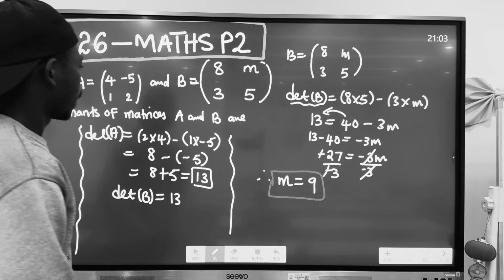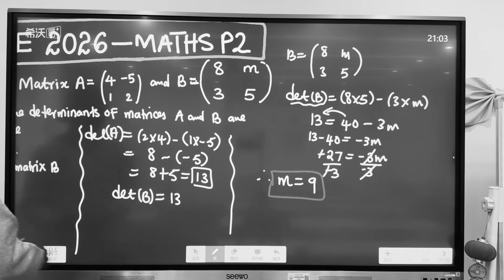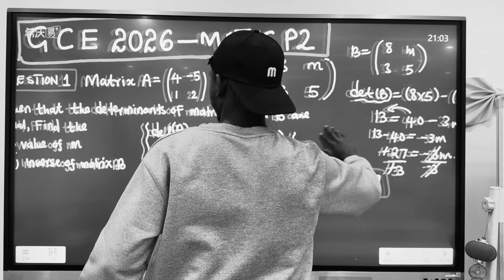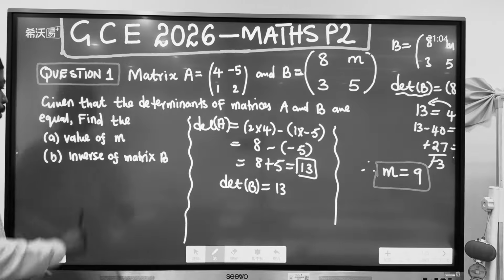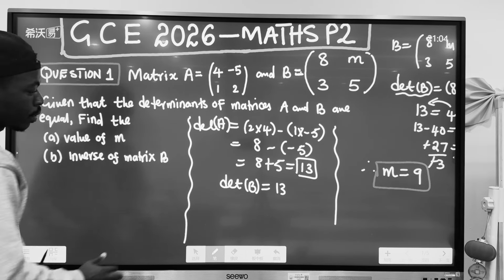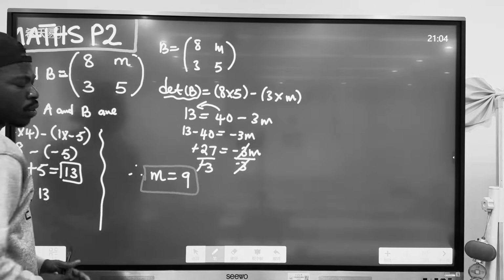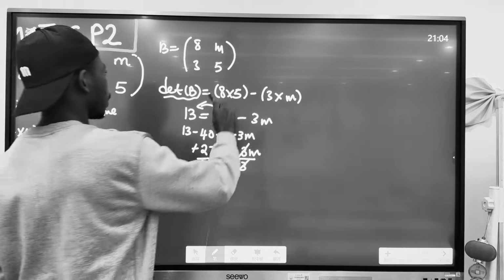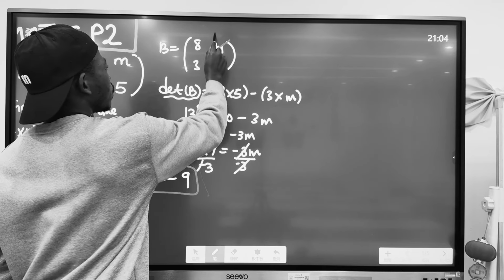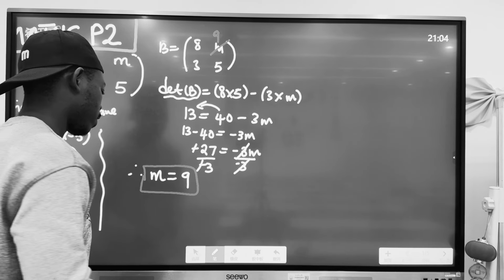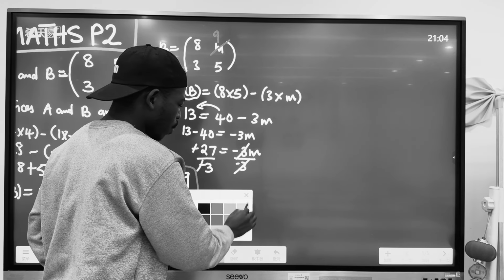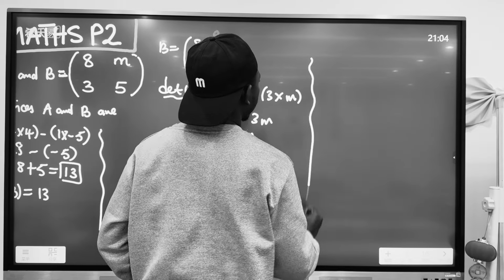Okay. The next question says, determine the inverse of matrix B. So what is the inverse of matrix B? Now that we know the value of M, it means that this is no longer M there. This is now 9. So matrix B is now complete.